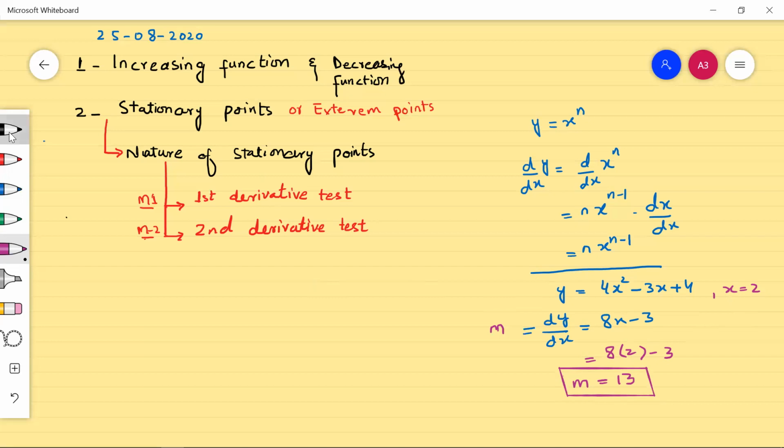Increasing or decreasing function. First, I will explain these things from a graph, then we will discuss how we can find them mathematically.